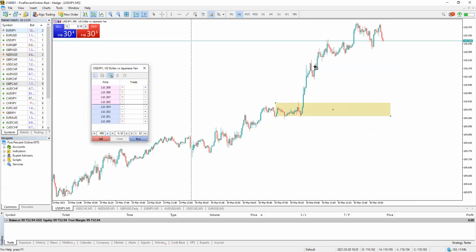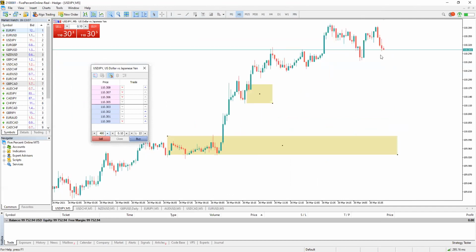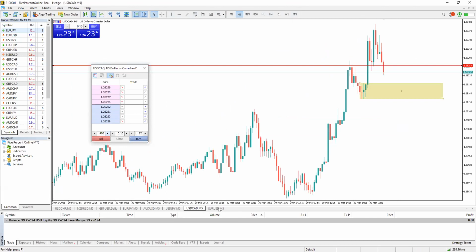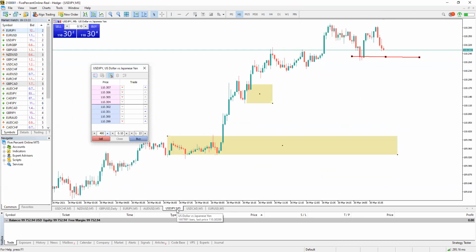Not that nice, but some demand over there. So yeah, I agree. Maybe if we get a test of these levels, we can look to buy this pair. I also like this one. Let me bring it here. So we have these 3 pairs to work with.